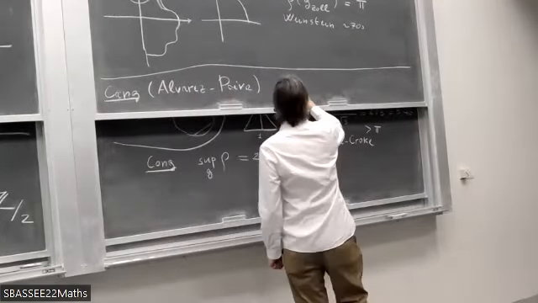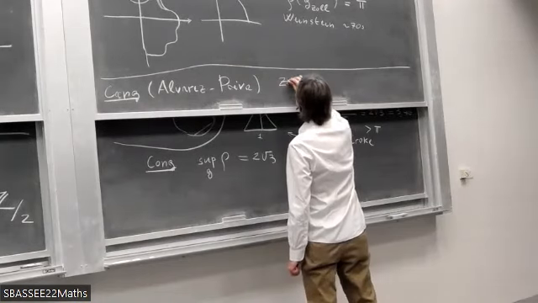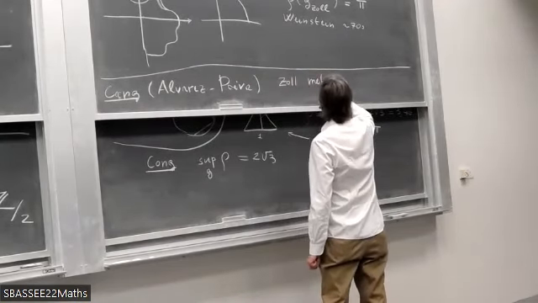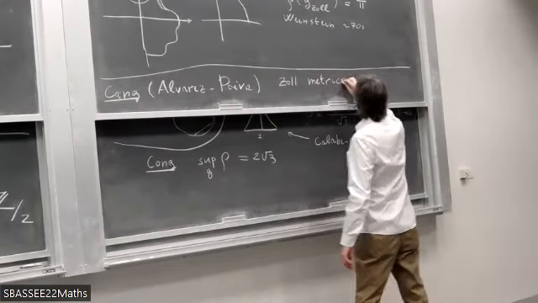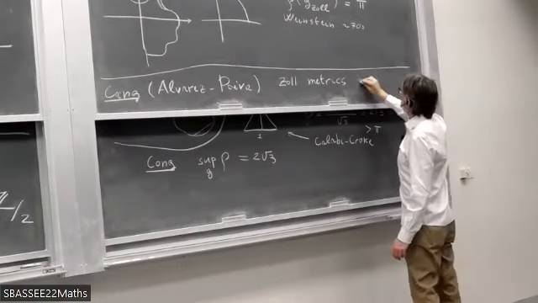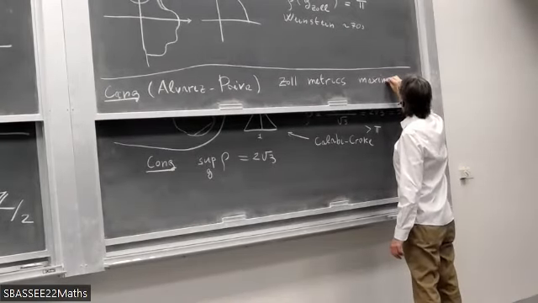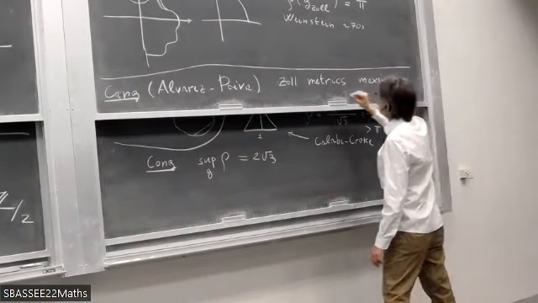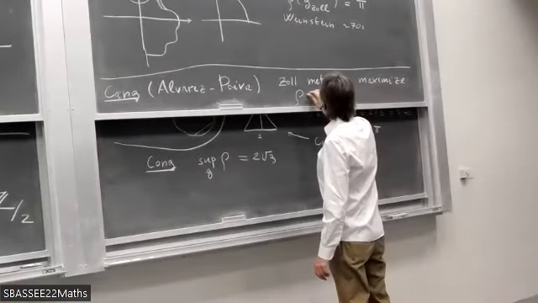The conjecture is that all metrics, so including then of course the round metric, maximize the contractible systolic ratio.